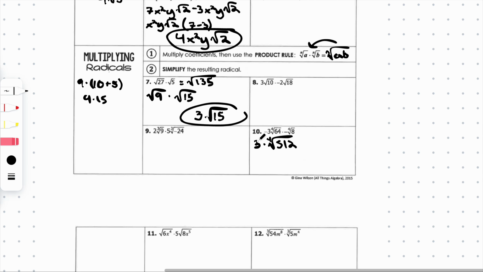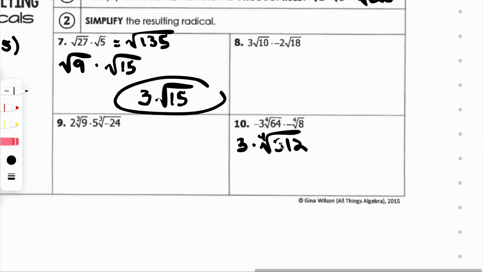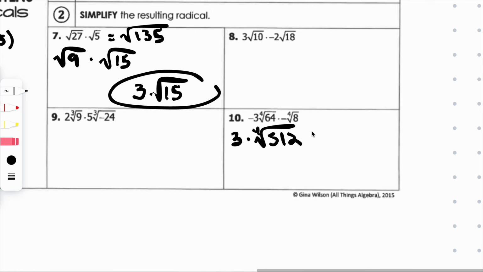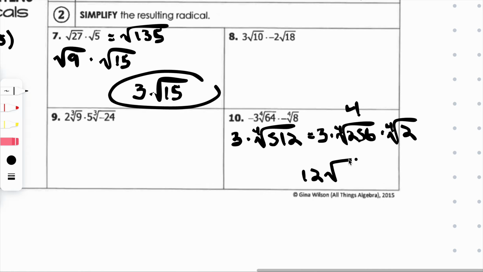So what we want to do is say that this is equal to 3 times the fourth root of 256 times the fourth root of 2. Okay? And now the fourth root of 256 is going to be equal to 4, as we just said. And so that's going to be 3 times 4, which is 12, times the fourth root of 2, and that's going to be our final answer.